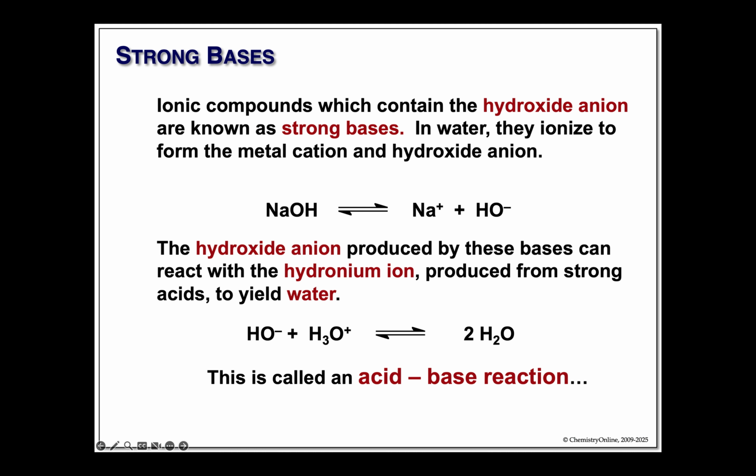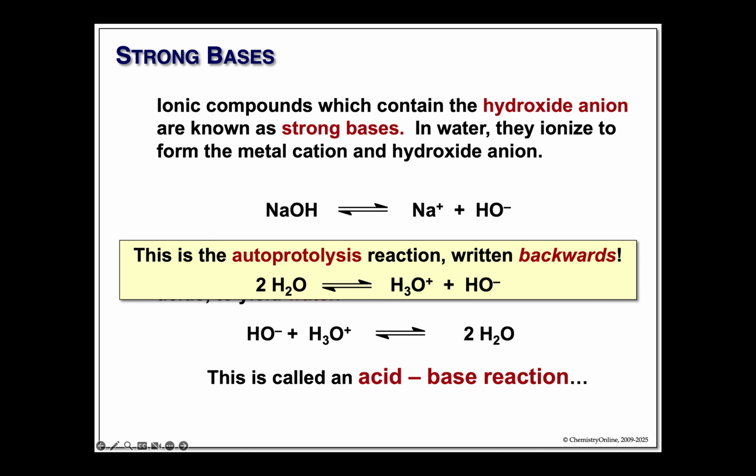This is simply autoprotolysis written backwards, isn't it? And we know that in autoprotolysis, we have 10 to the minus 7 molar of these, so it's almost all water. Likewise, we mix these together, it's going to form essentially all water. A tiny bit of hydronium and hydroxide are always left from autoprotolysis.